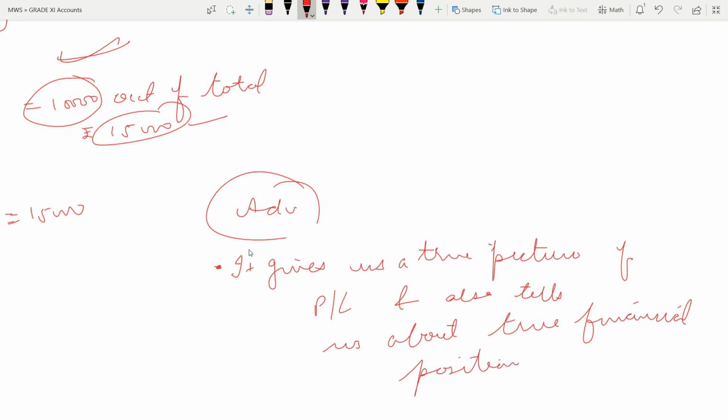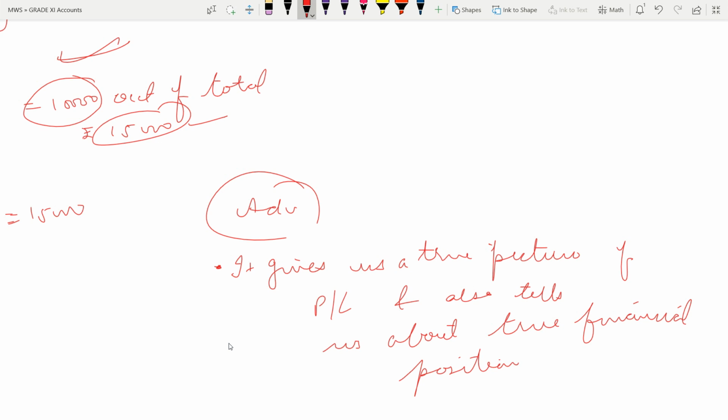As we are recording all expenses, revenues and incomes of the current year, we will get to know the true profit of the financial year, and we will get to know our financial position.